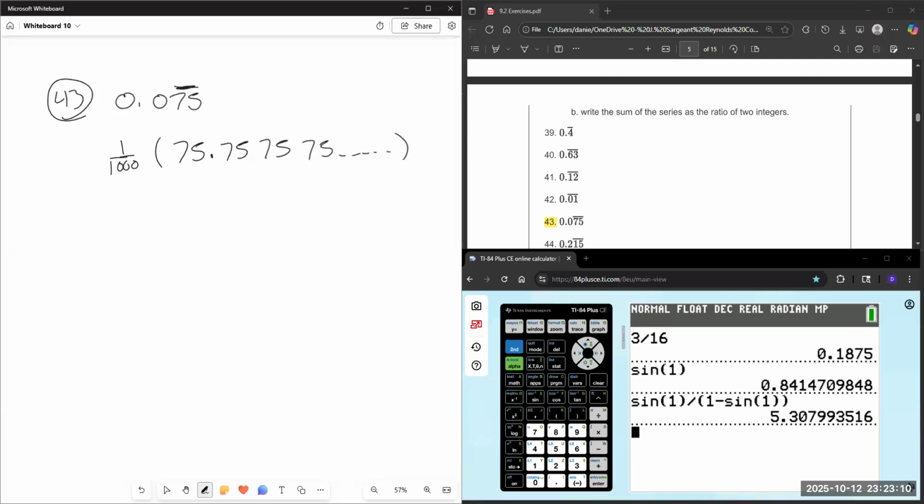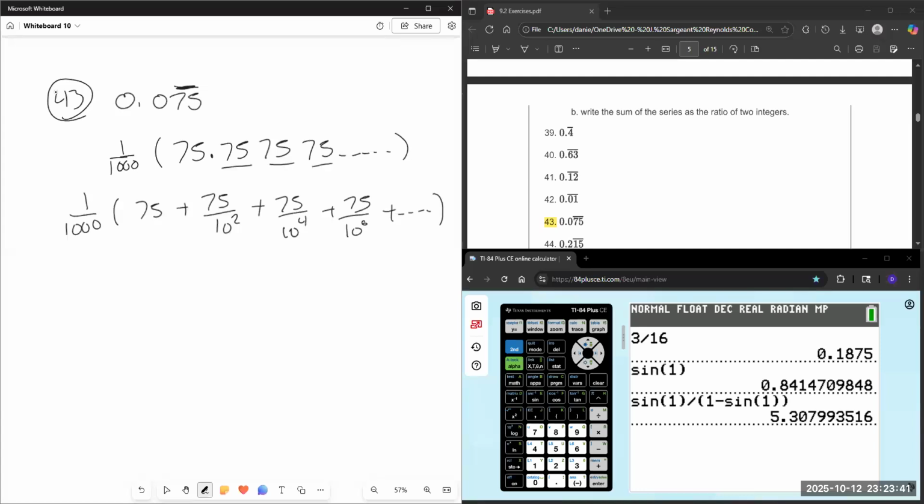So this is 1 over 1000 times 75 plus 75 over 100, and I'll call this 10 squared, plus 75 over 10 to the 4th, and I'll call this 75 over 10 to the 6th plus dot, dot, dot in that pattern, because we keep moving in groups of 2 here.